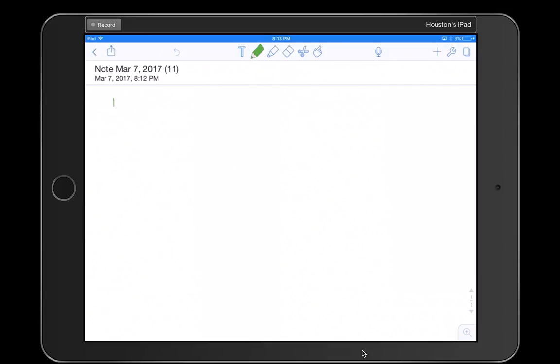So we're going to be looking at a new section, section 4.5, which is titled Applied Optimization Problems.